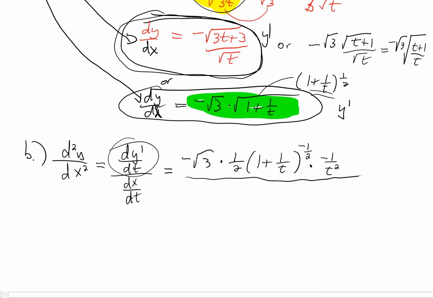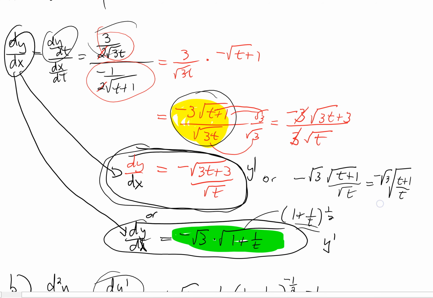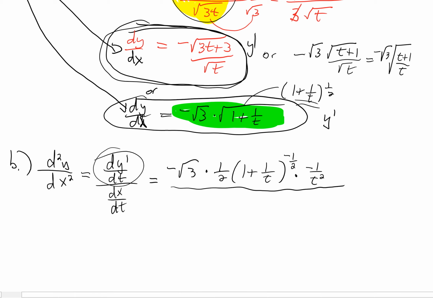And then dx dt. Well, dx dt you just did a little while ago. dx dt is right here in blue. And I'm just going to recopy that. You already did the work for that. It's negative 1 over a 2 with a radical t plus 1. So thank goodness we've done that work.